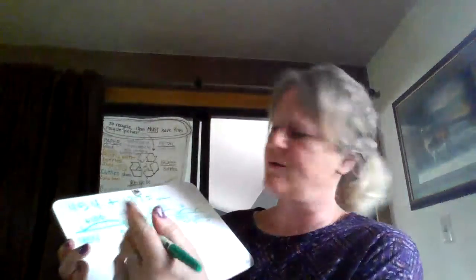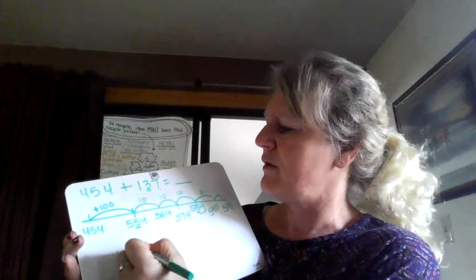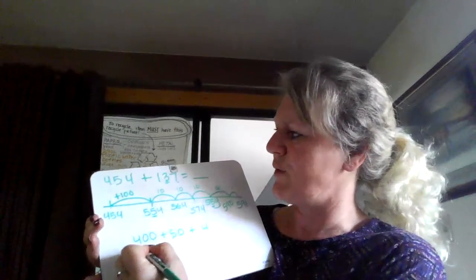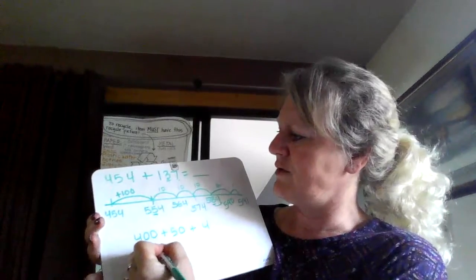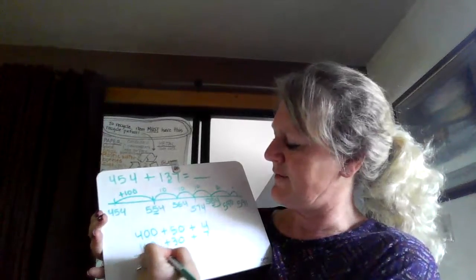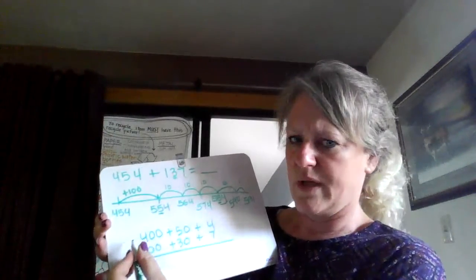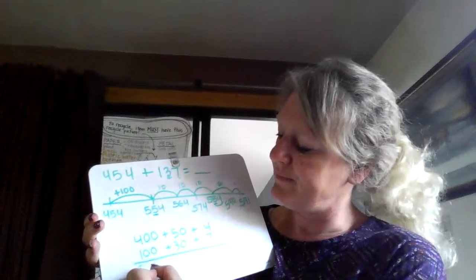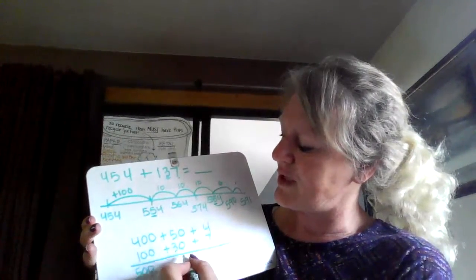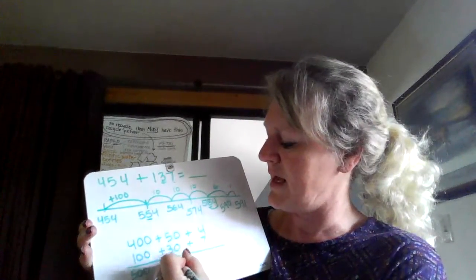All right. Should we check that? Oh, expanded form. 400 plus 50 plus 4. 100 plus 30 plus 7. 100 plus 400, 500. 50 plus 30, 50, 60, 70, 80.